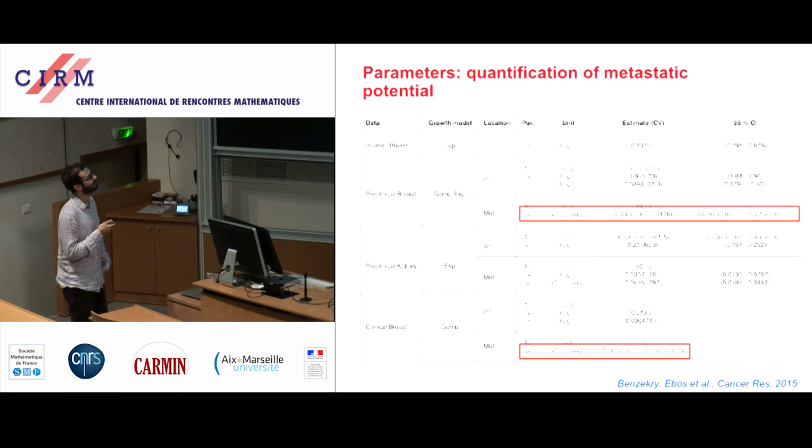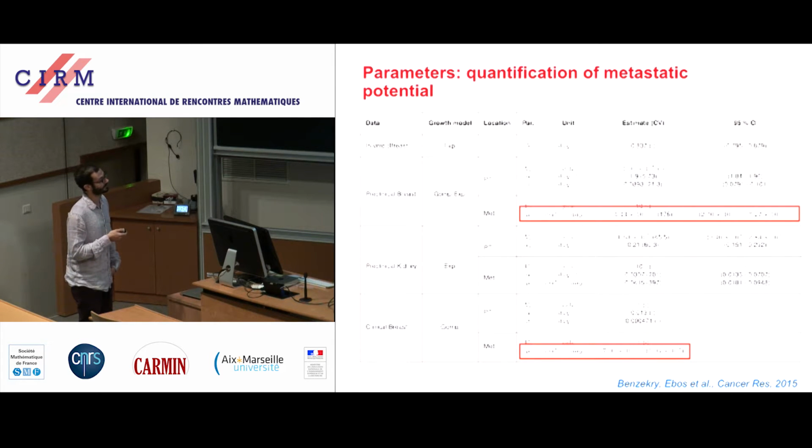Okay, so here it's a table with all the parameters in different settings. You have the in vitro, the in vitro for the breast, let's forget about it, but we had one animal model of preclinical breast data, one animal model of preclinical kidney data, and the clinical breast data.